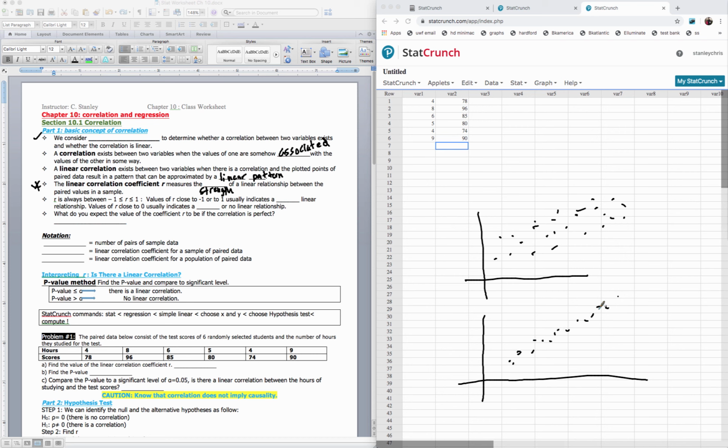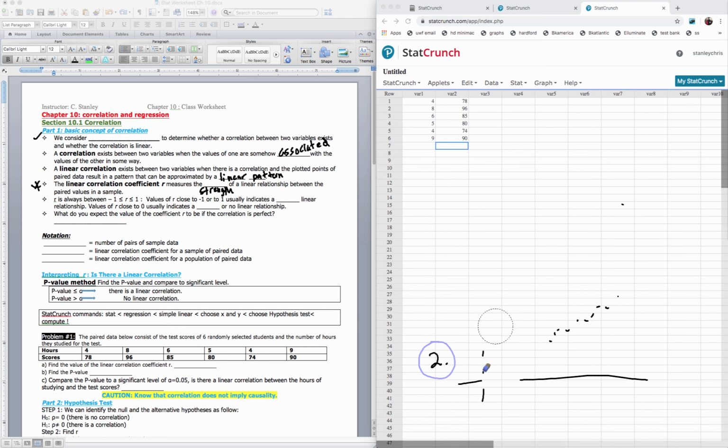Both of these scatter plots are increasing linear, but which one do you think looks stronger? I'll call this scatter plot 1 and scatter plot 2. Try to come up with a decision. If you went with 2, you're right. It's stronger because the points are packed closer, so there's a stronger association. Here, it's a decent association, but they're a little bit more spread out.